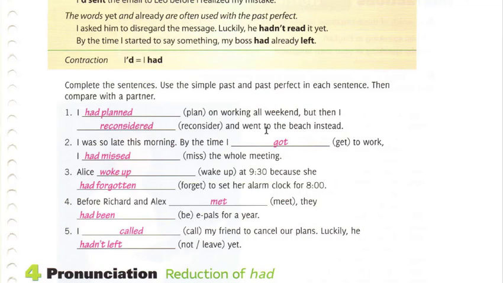Number two, I was so late this morning, by the time I got to work, I had missed the whole meeting. So get is an irregular verb, so we change it to got by changing e to o. Remember, this is simple past.